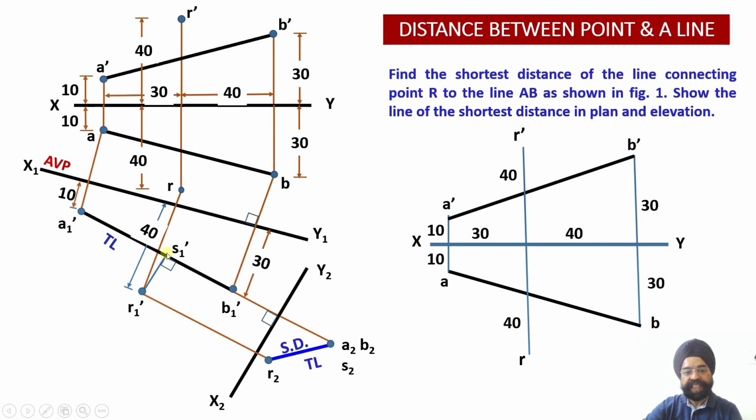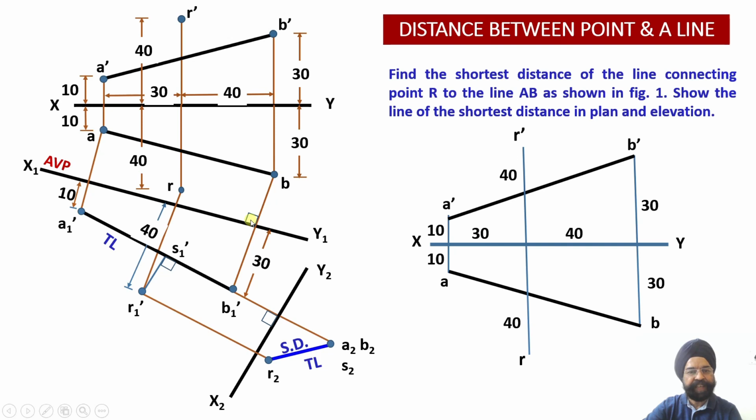Then, just like earlier, we were projecting these points first downwards, that is perpendicular to the plane XY. Then second, we were projecting all these points A, B and R while moving them forward.